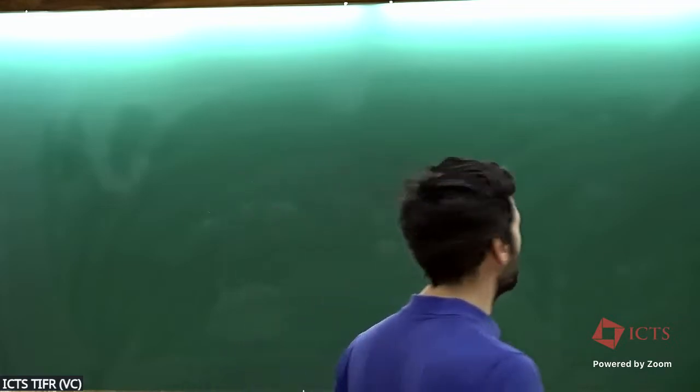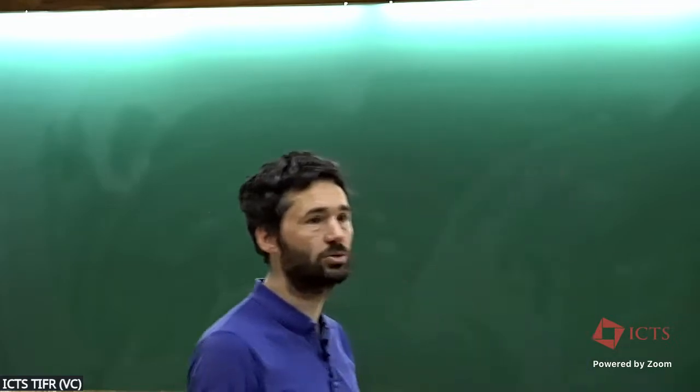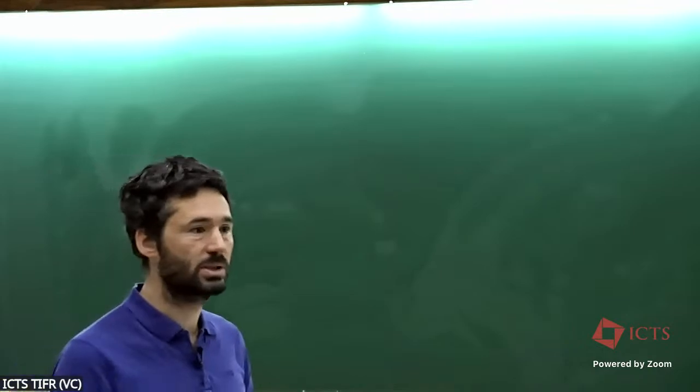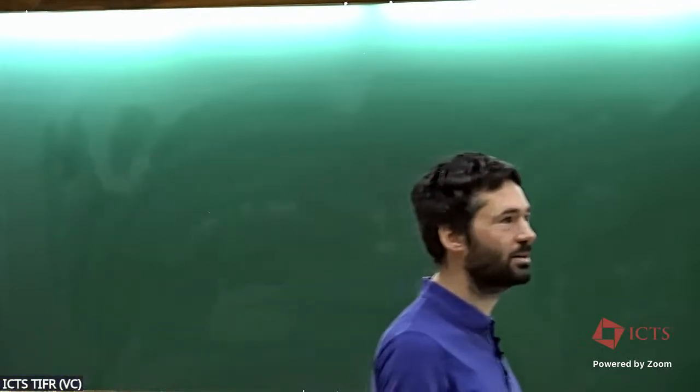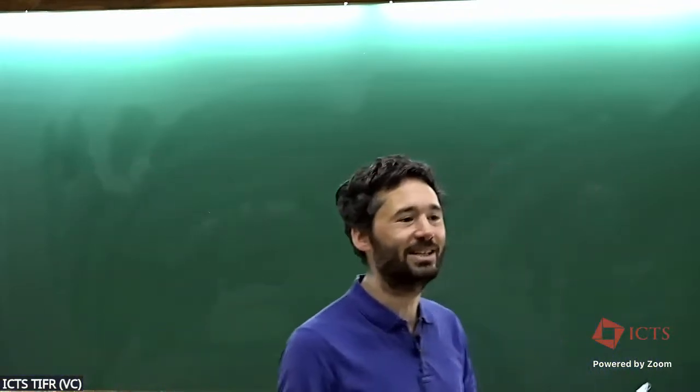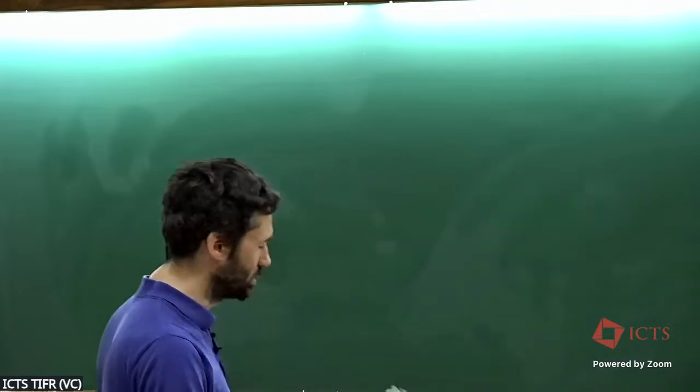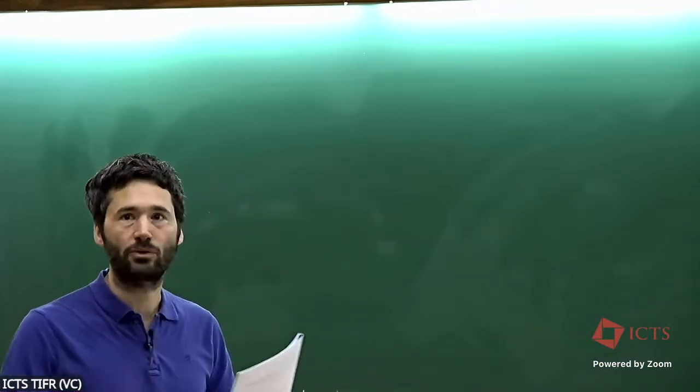So what I will do first is to characterize these surfaces, and we'll see that they are surprisingly easy to characterize. I will restrict myself to surfaces that are close to a plane.